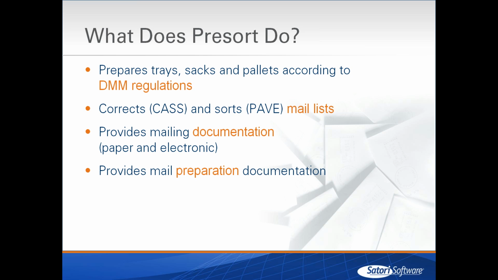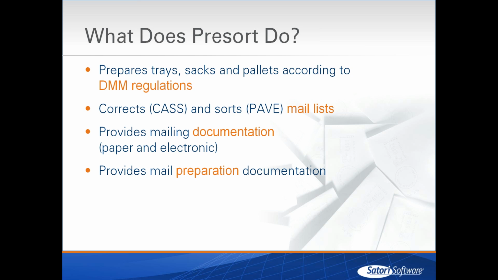Now, of course, in order to do that, we need to make sure that the addresses we're preparing are correct. So you do need to run through a CASS certified process to correct all those addresses and get the delivery point information. And any program that's using this pre-sort technology, you would want to be a PAVE certified program. PAVE and CASS are both USPS programs that ensure the quality of the software, making sure it corrects addresses correctly and also prepares the mailing correctly according to those DMM regulations.